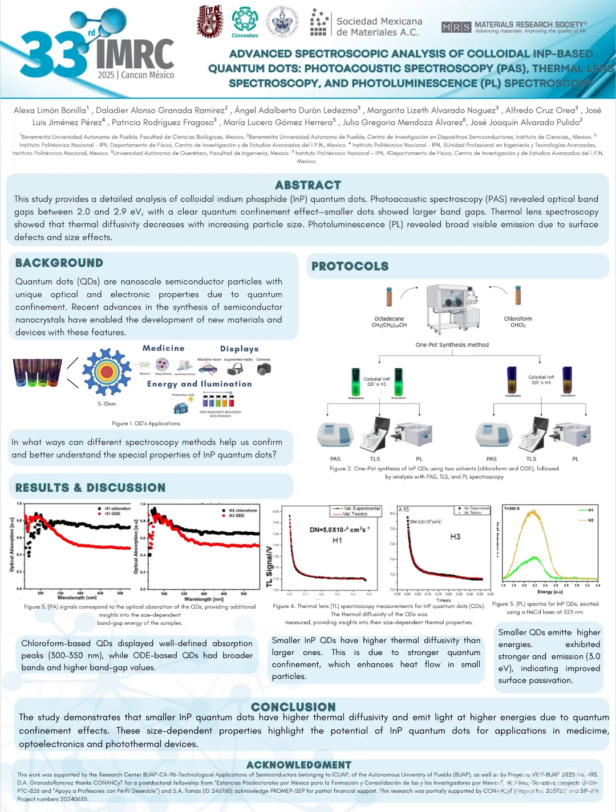Sample H1 exhibits the highest thermal diffusivity at 0.005, consistent with strong quantum confinement and a smaller particle size. Sample H3 shows a lower diffusivity of 0.003, suggesting a larger particle size. The results are aligned with the inverse relationship that says that smaller quantum dots show higher thermal diffusivity.